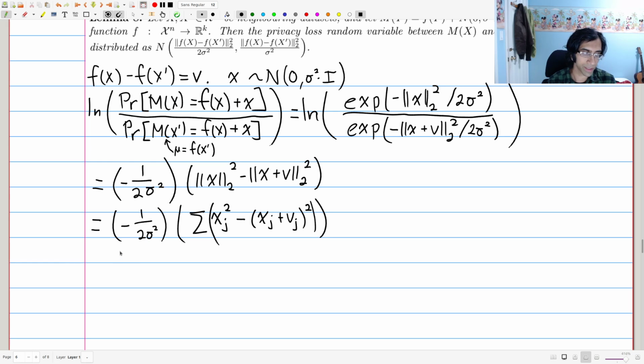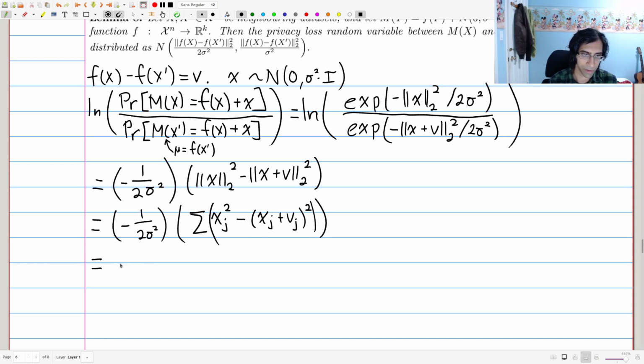And what we're going to do is expand out this square. So what we're going to get is that this becomes an xj squared, and this cancels out this xj squared. And then we're going to be left with this vj squared and 2xj vj. So essentially 2xj vj plus vj squared is what's going to be left.